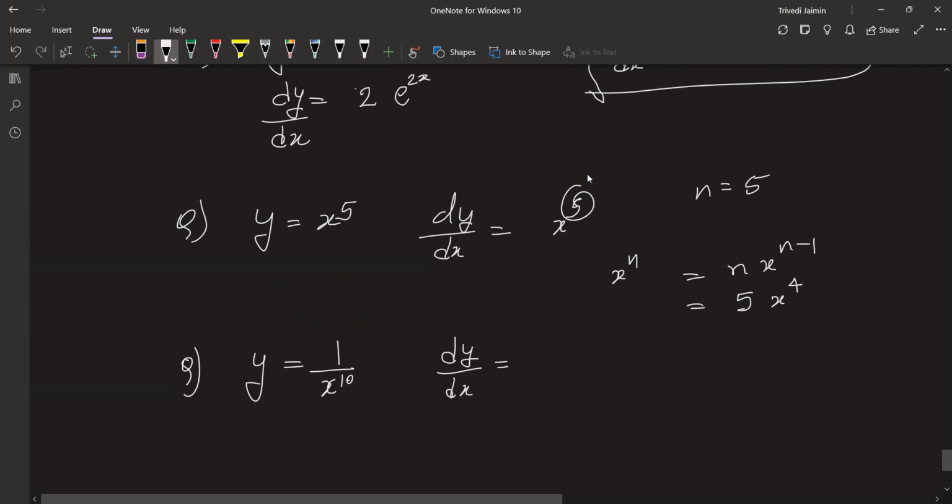Sir, is it minus 10 into x to the power of minus 11? Yes, sir. Even I got the same. X to power minus 11. If I want to write it in the same manner, it is minus 10 by x to power 11.